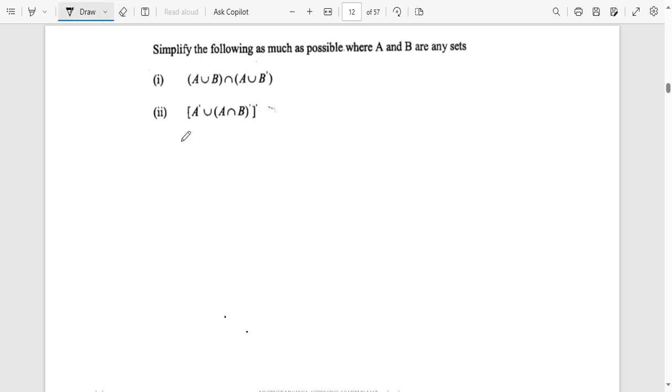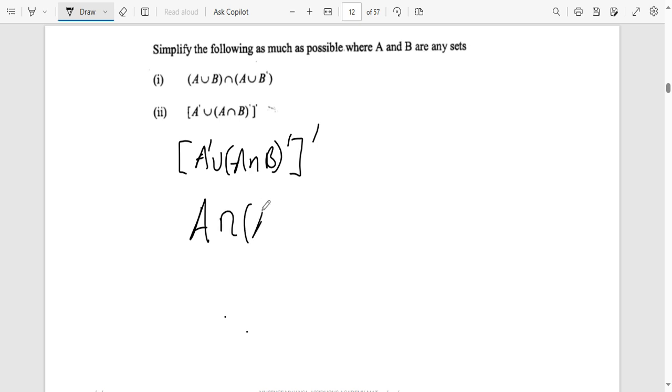So let's consider now this one. We have A complement union A intersection B with a complement and then another complement outside. What should be the first thing we are going to do? Okay, so it is going to become A, right? What happens to the sign?